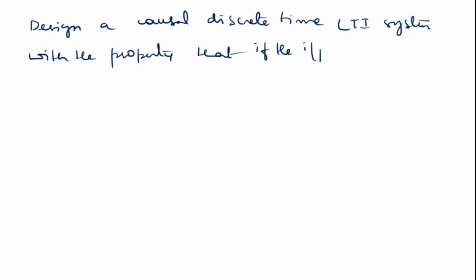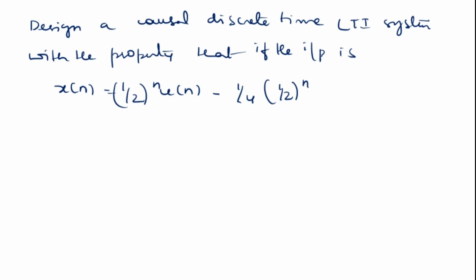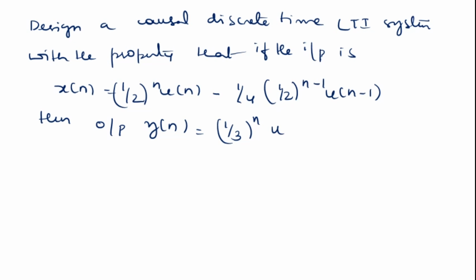if the input is x of n is equal to half to the power n into u of n minus 1 by 4 into 1 by 2 to the power n minus 1 into u of n minus 1, then the output y of n is equal to 1 by 3 to the power n into u of n.